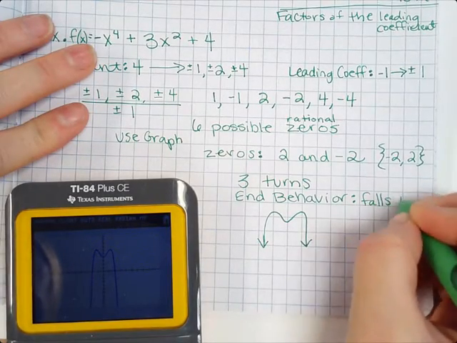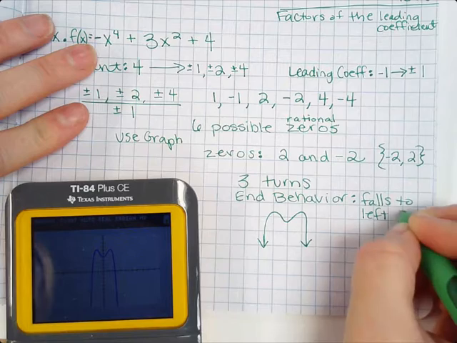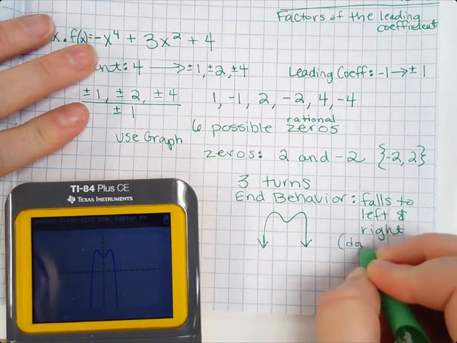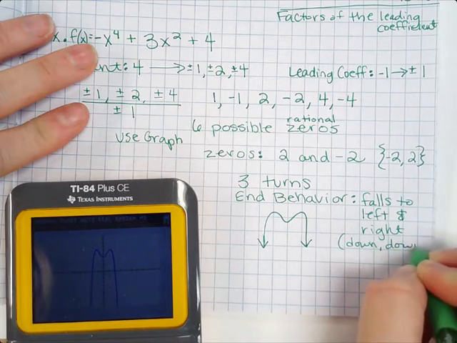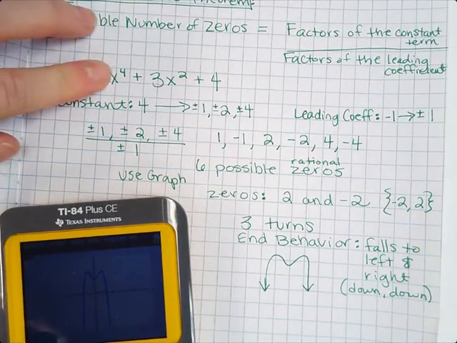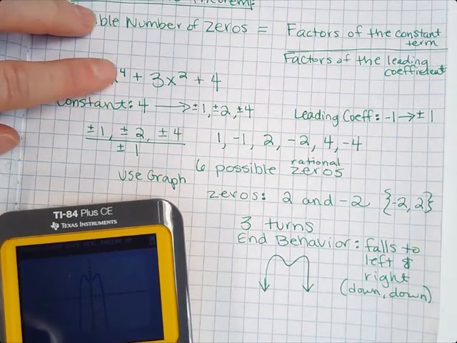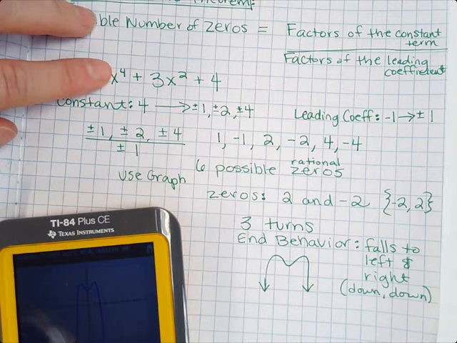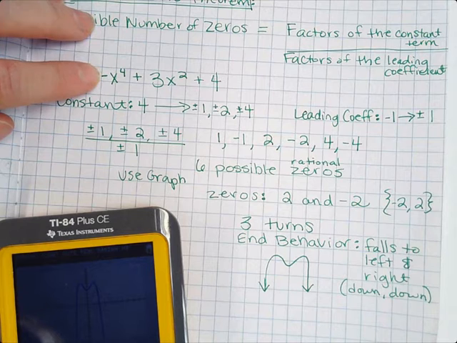I'm going to put falls to left and right. In parentheses, down, down. So remember, with an x to an even power, the degree is 4. So that means it's going to have the same end behavior. And then this negative tells us my end behavior to the right will be down because it's negative. So since it has to be the same, it falls to the left and falls to the right.